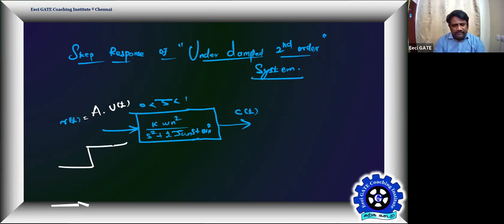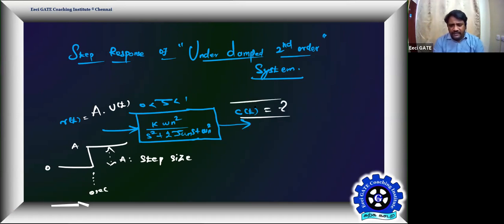Already the step is well defined. At time t equal to 0 second, the input is changing from 0 to magnitude a. This is what we call step size a. A is the step magnitude or step size. The goal is to find C of t. C of t is known as the response of the system for a step input, shortly known as the step response of the underdamped second order system. So find C of t now.